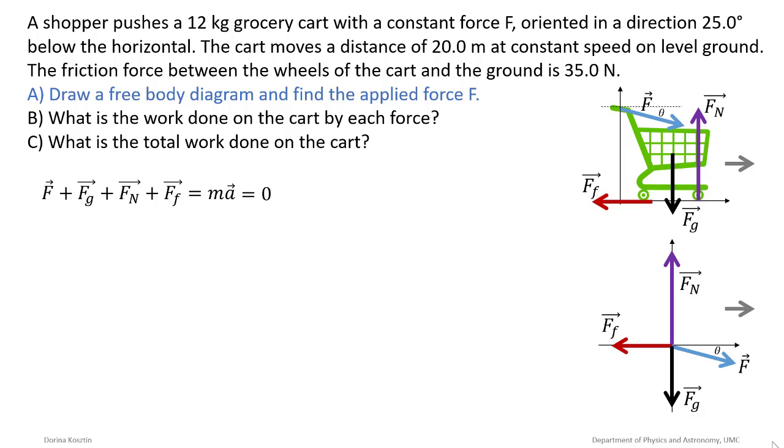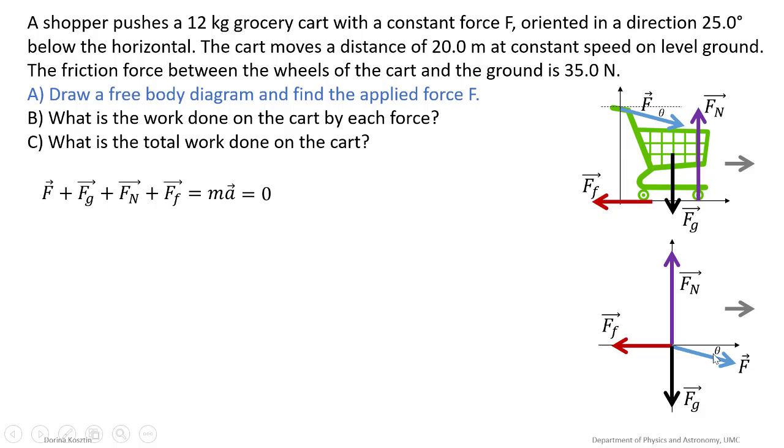Let's start by finding the x component of each one of these forces. I would like to remind you that the x component of a vector can be calculated as the magnitude of the vector multiplied by cosine of the angle made by that vector with a positive x-axis. So, for example, we start with force F. This force F makes an angle theta with the x-axis.